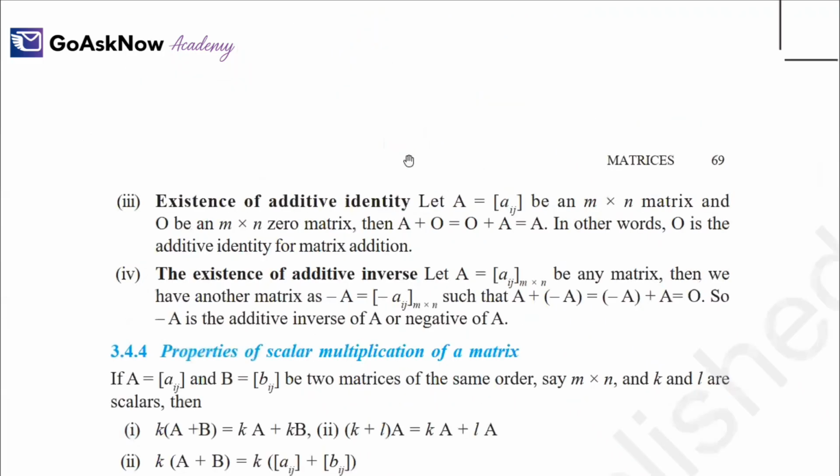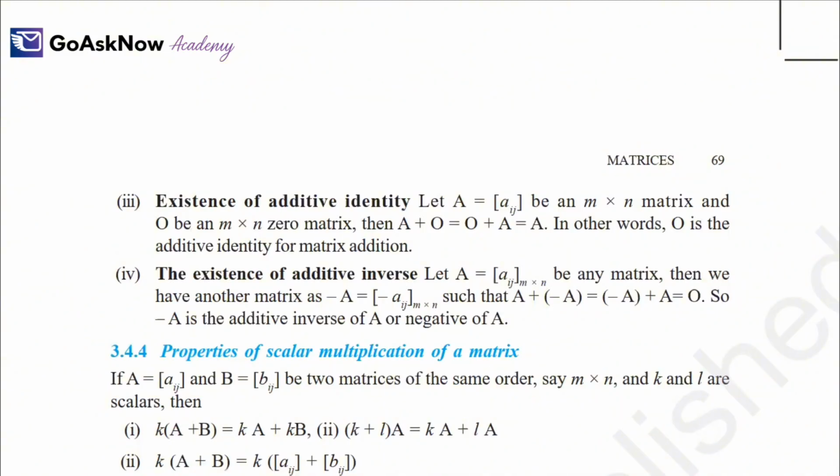So the third property is existence of additive identity. Let A be an M cross N matrix, and O be an M cross N zero matrix. Then A plus O is equal to O plus A. Why is this so?